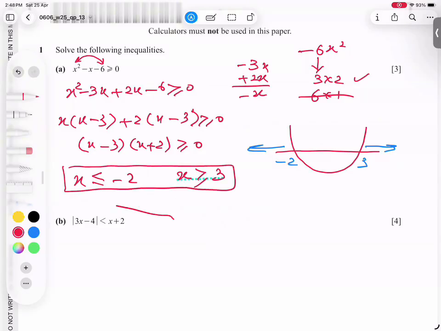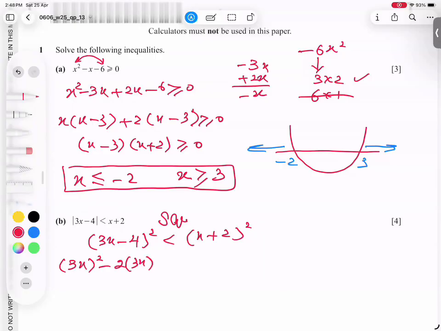In this kind of question, when x is involved on both sides, we have two ways, but the best way is squaring both sides. If I square both sides, students, it will look like this. And the squaring identity you know very well: first term square, negative 2 into first term into second term, plus second term square.